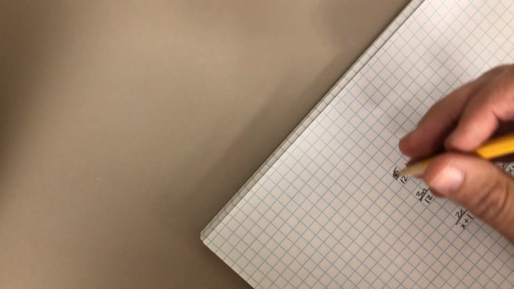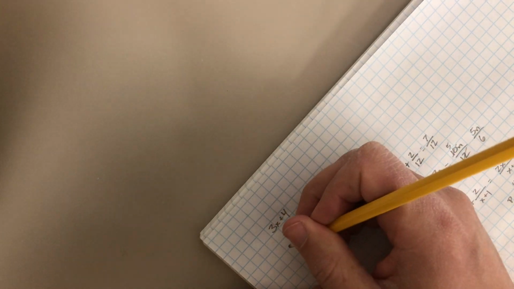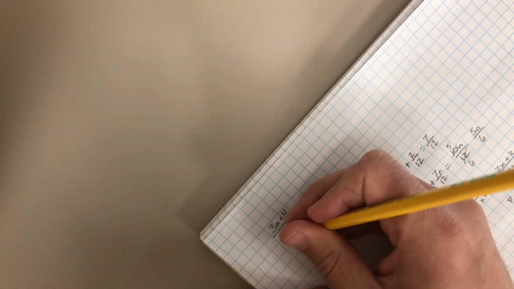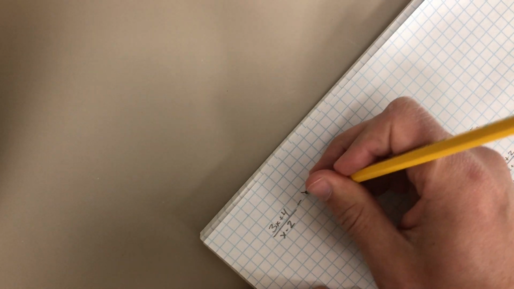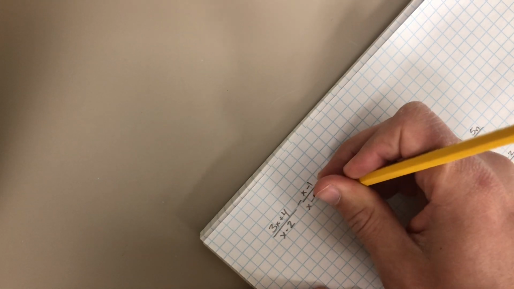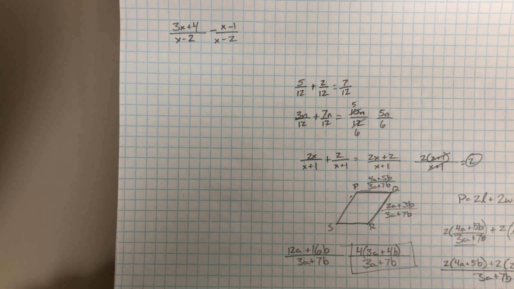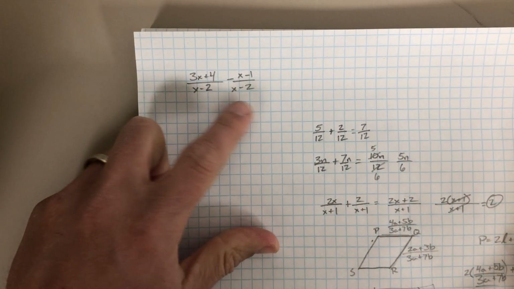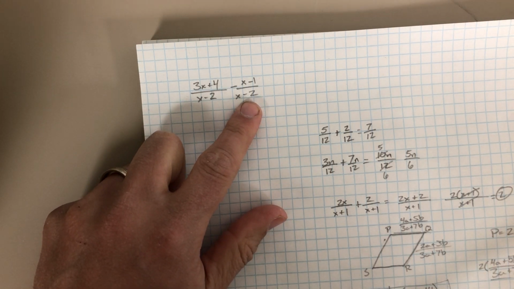What if I have something like this? 3x plus 4 over x minus 2 minus x minus 1 over x minus 2. Okay? So I have a common denominator, right? x minus 2, x minus 2. And now I can combine the numerators.